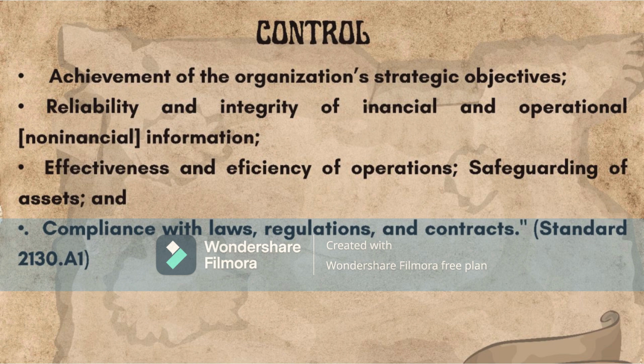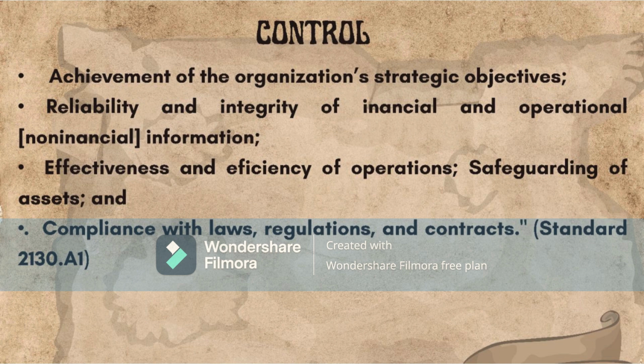Furthermore, the internal audit function integrates knowledge of controls gained from consulting engagements into its evaluations of the organization's control processes. This ensures a holistic and comprehensive assessment of control effectiveness and enables the internal audit function to provide valuable insight for improvements.